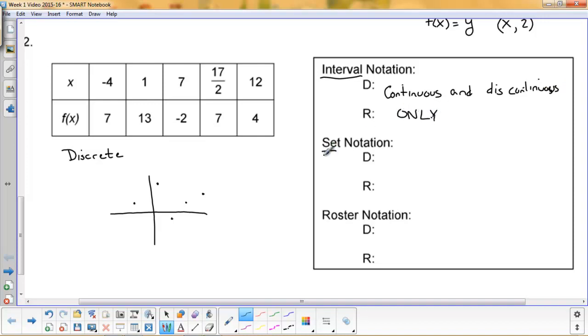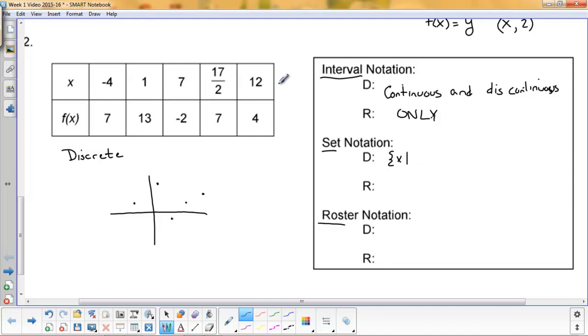All right. That means now we have a chance to look at set and roster notation here. Remember, for set notation, we are going to be defining our value. The domain is x. Now, the way we're going to write this is in ascending order or counting order, okay?